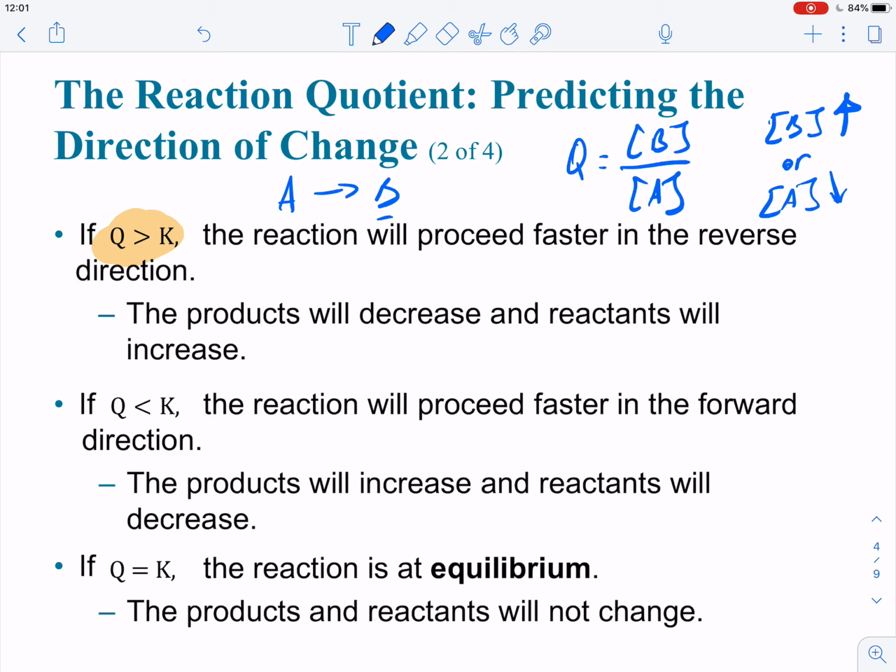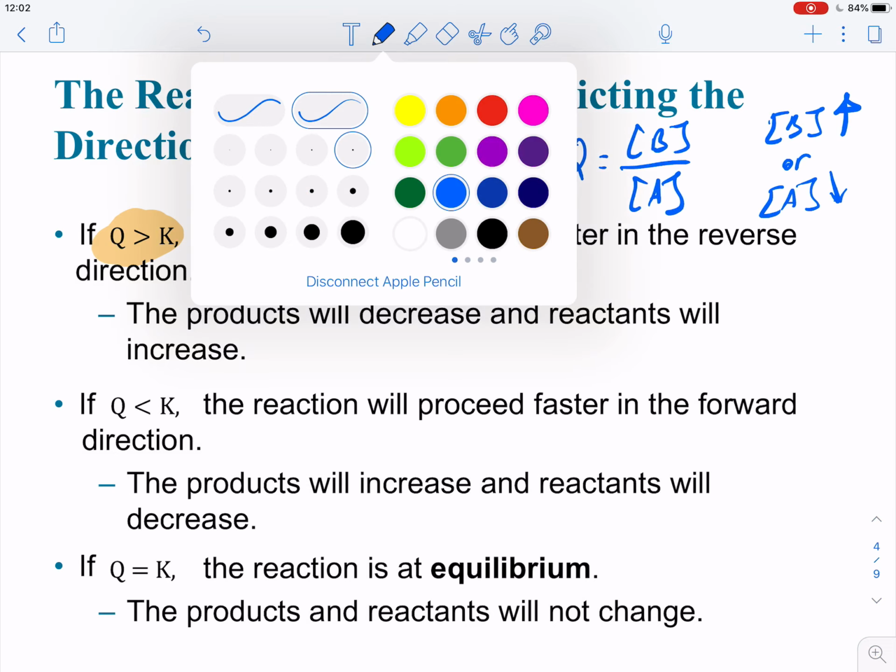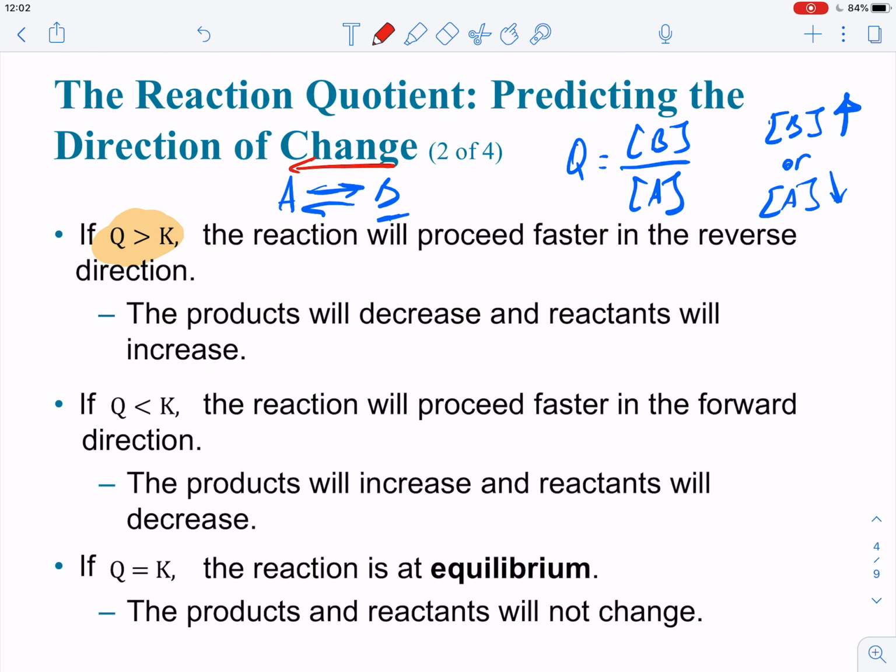Since B is the product and this is an equilibrium reaction, if you have to decrease B or increase A, then the reaction is going in that direction. So if you calculate Q and it turns out that Q is larger than K, then you are not at equilibrium and the reaction is shifting left, meaning it's favoring the reactants, so that you decrease the value of Q.